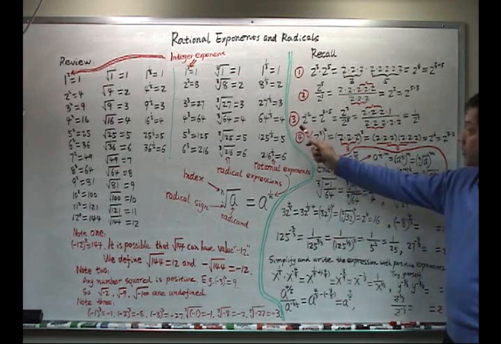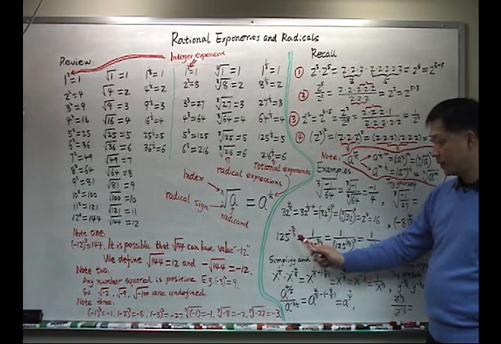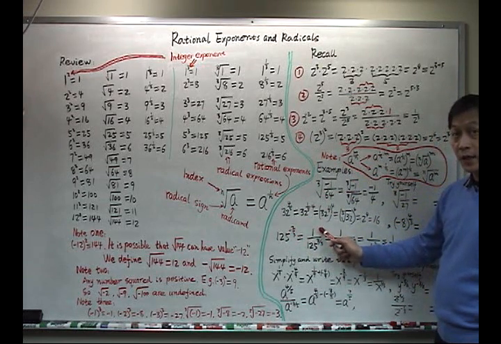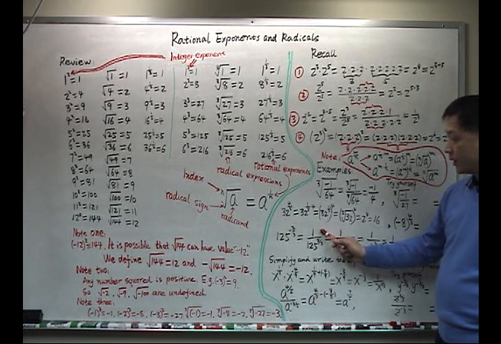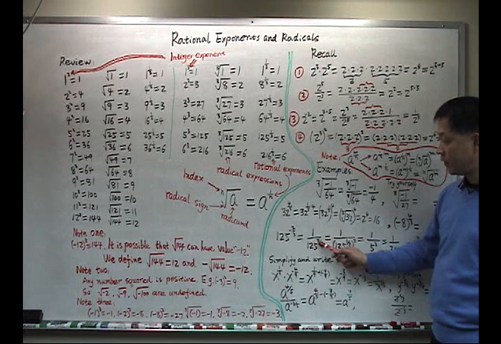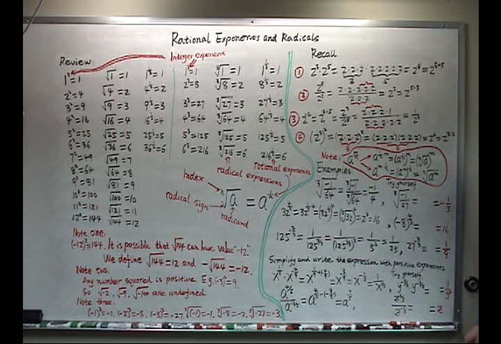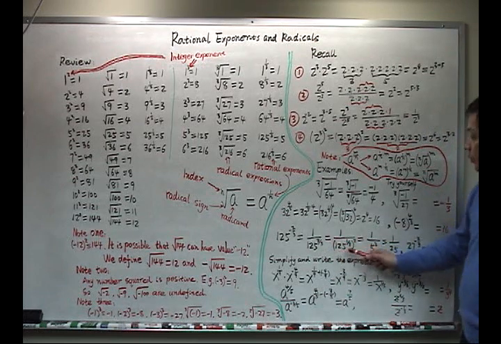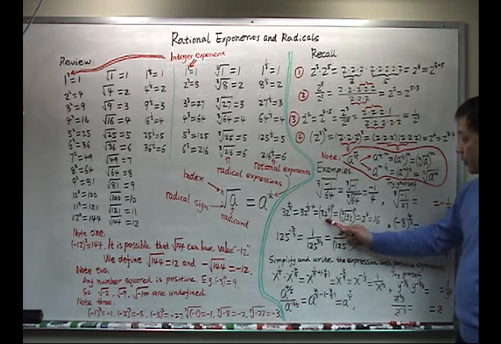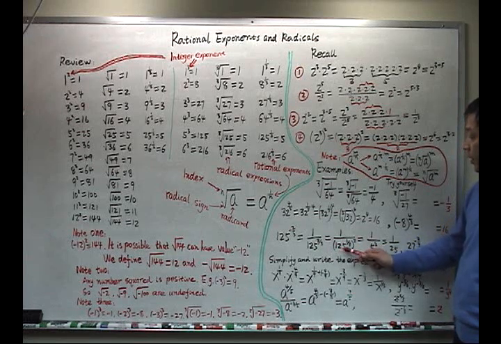So based on rule 3, if you want to delete this negative sign, you put 1 upstairs as numerator, and then 125 to the 2/3 without negative in front of it. Now, based on the things we did above, with 3 downstairs as a denominator, what you should do is 125 to the 1/3, and then squared.